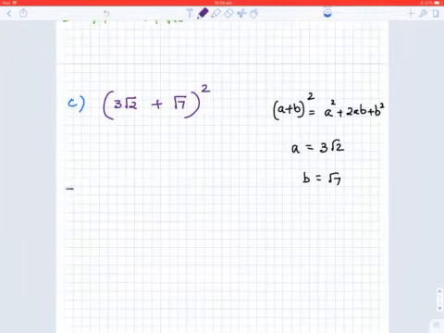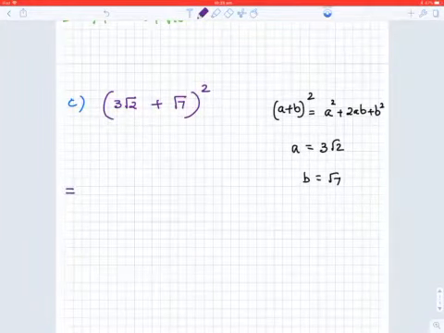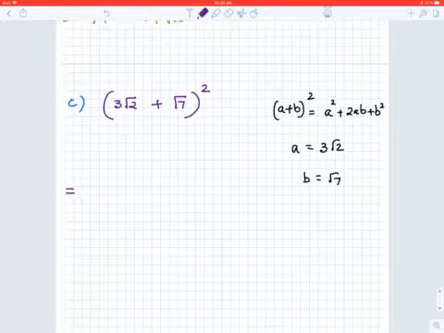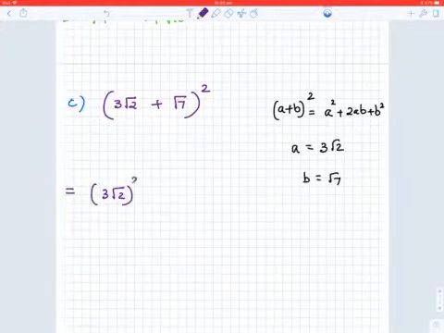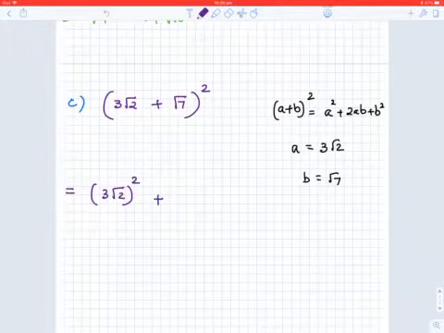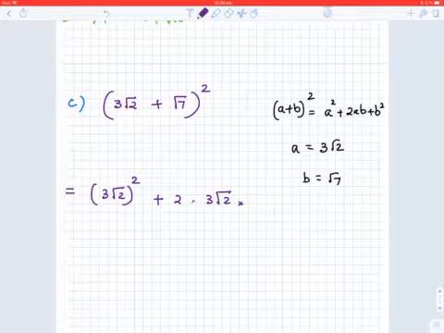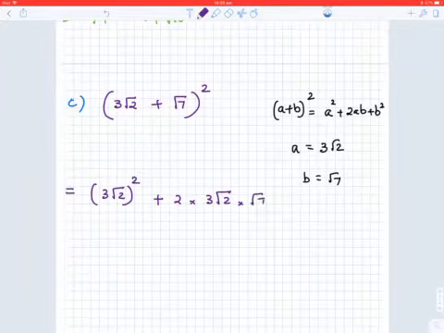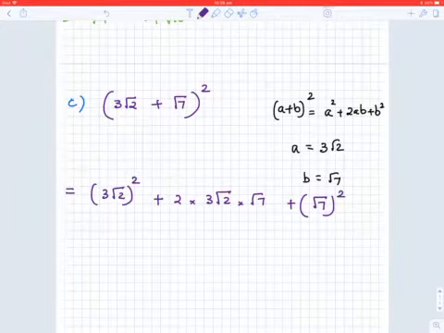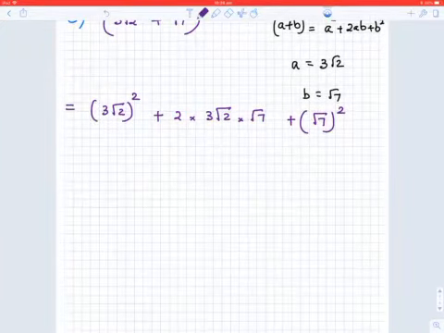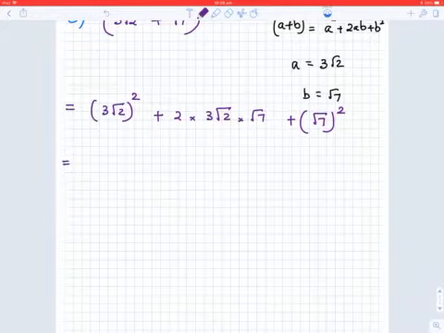Okay, so now we are going to start with the question. a plus b the whole square is a square first. Your a is this, so a square would be 3 root 2 the whole square, plus 2ab, 2 times 3 root 2 times root 7, I'm going to put the times a little smaller because it looks so big, then plus b square, b is root 7, so square.